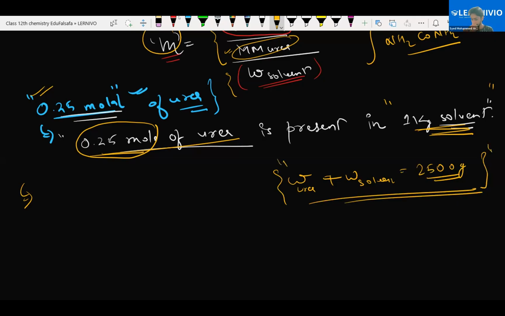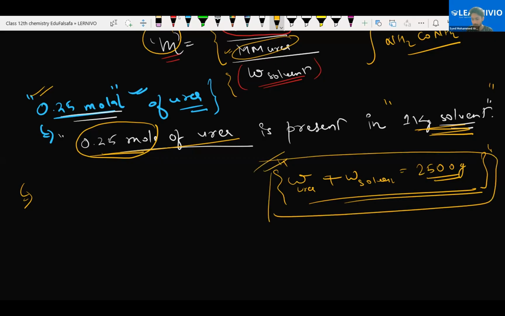How am I able to get this relation? Hadia, tell me. Sir, did you multiply 0.25 into 1000? I have multiplied this, yeah. You can write this as in kg also. So how does this come to me? Just think.